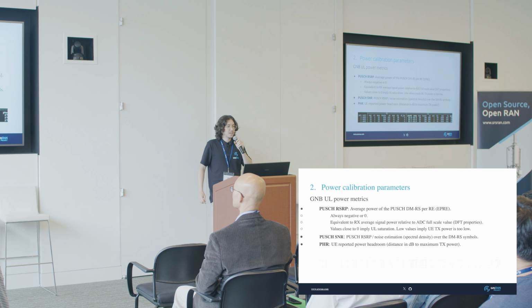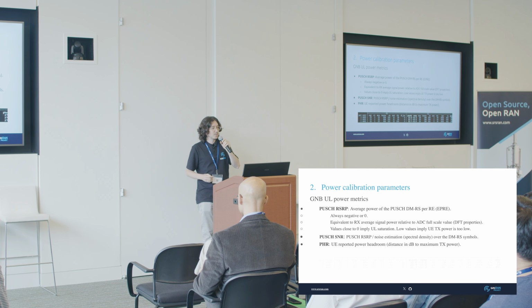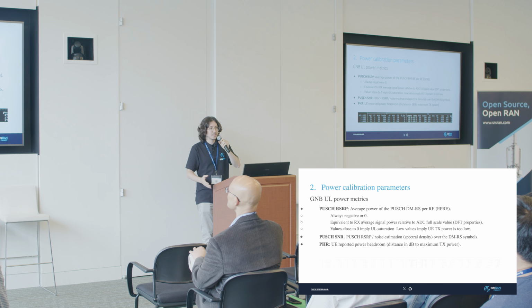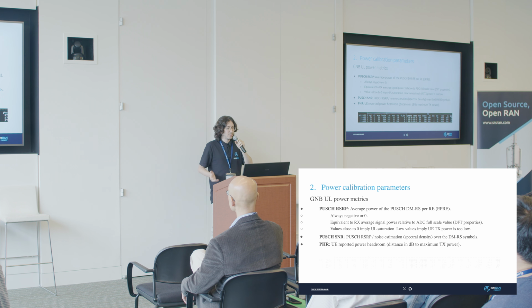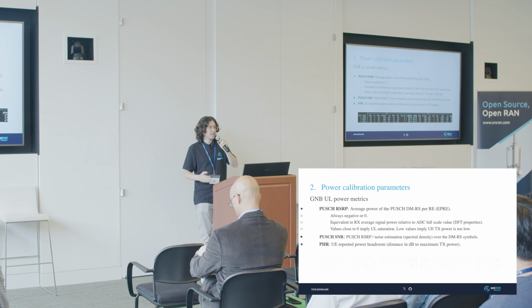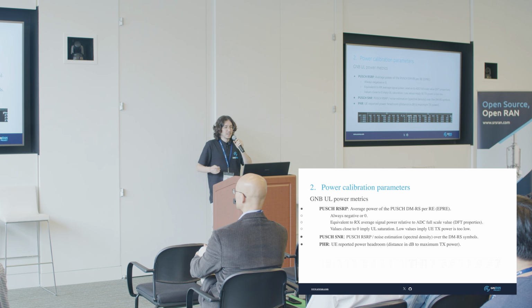The PUSCH srsRP is a power measure, and the idea is that this tells you how far you are from saturating the receiver, and also the expected level of SNR and performance that you will get. So basically, it's always negative. The biggest value you can get is 0. This is in dB relative to full scale. Of course, if it reaches 0, it means that you are saturating.